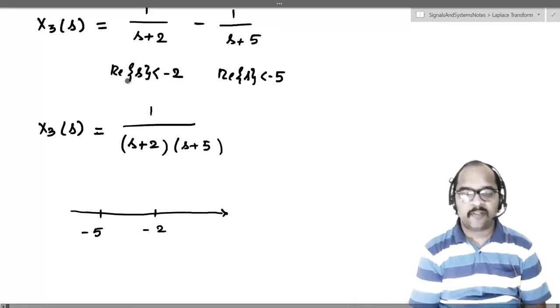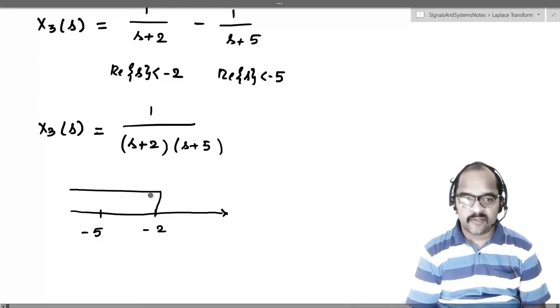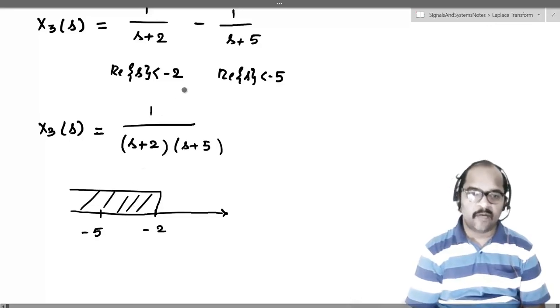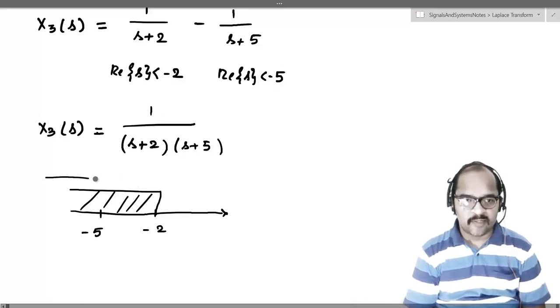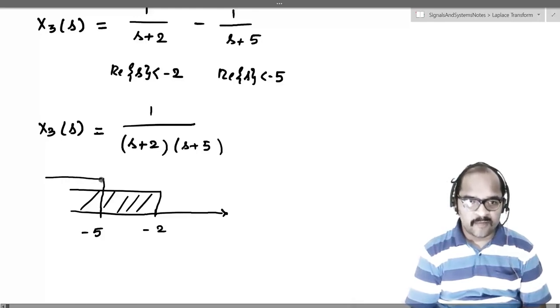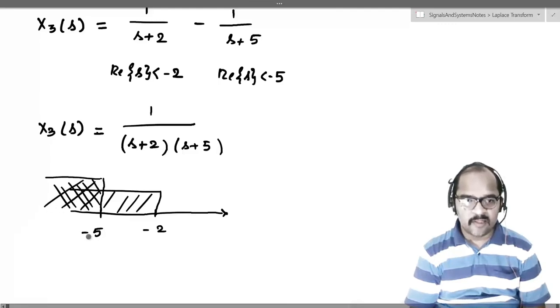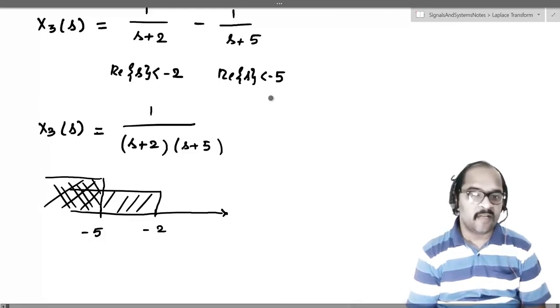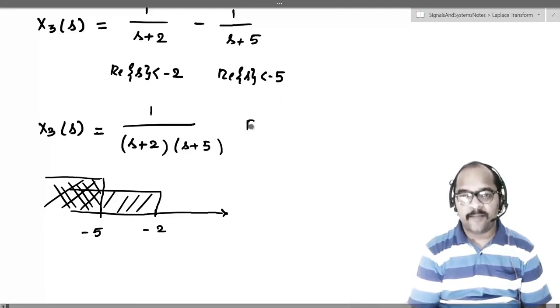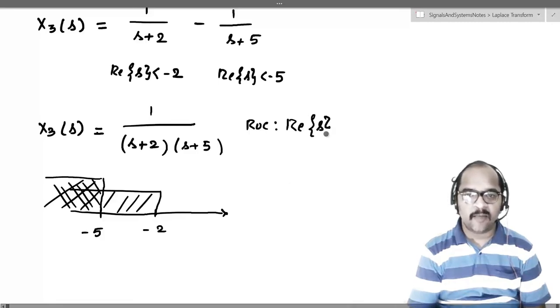The first has ROC real part of s less than minus 2, which is this region. Let me draw the shaded region like this. The second has real part of s less than minus 5, so this is the region. When will both converge? Both will converge when real part of s is less than minus 5, and hence the ROC would be real part of s less than minus 5.